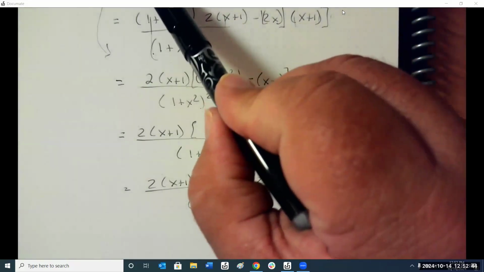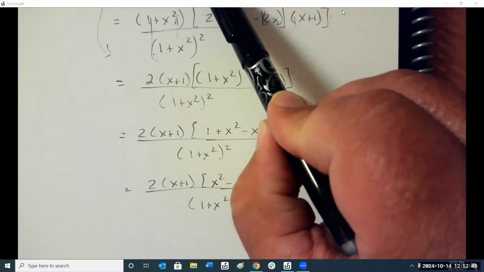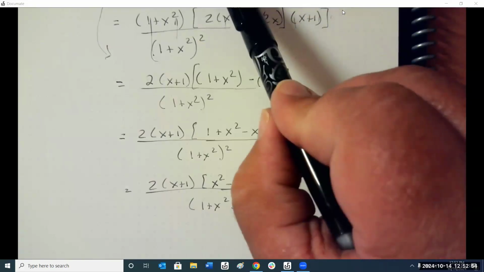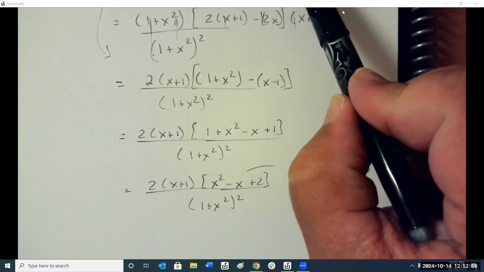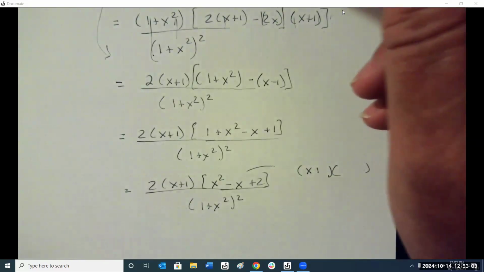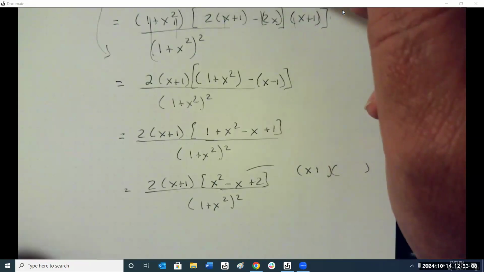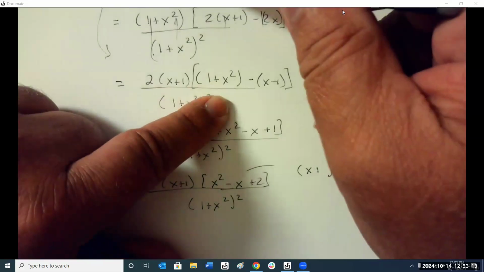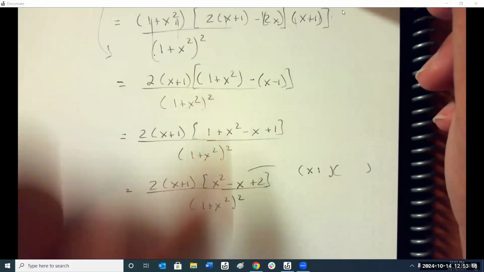So we have 1 plus x, 2x plus 1. That's one expression, minus 2x times x plus 1 squared. So I have these two terms. I have an x plus 1 and a 2 I can take out, which leaves 1 plus x squared minus x plus 1.